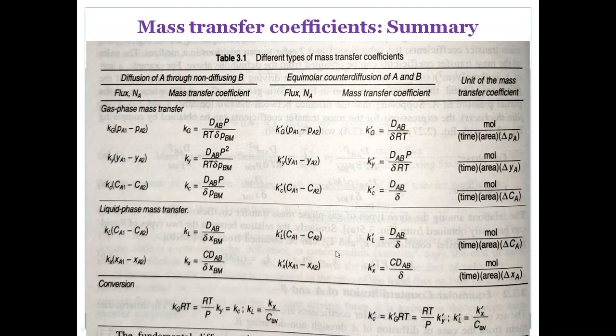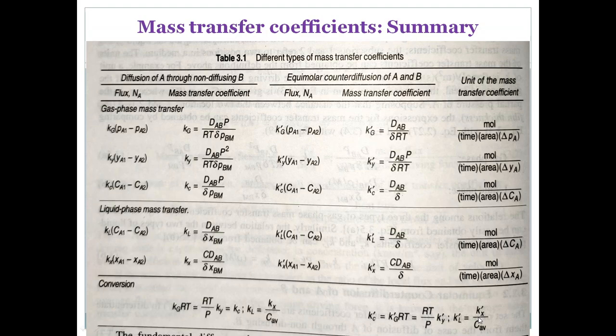And for the liquid phase, Kl prime has molar concentration as the driving force, and Kx prime has mole fraction in the liquid phase as the driving force. If you know one, you can calculate the other through the conversion factor.